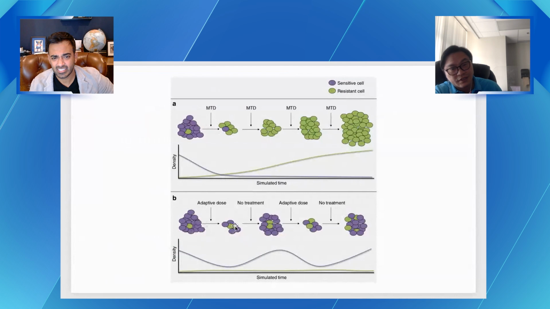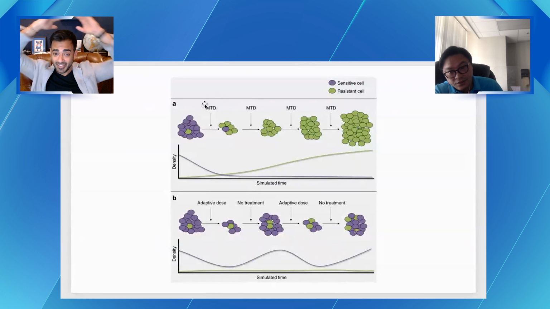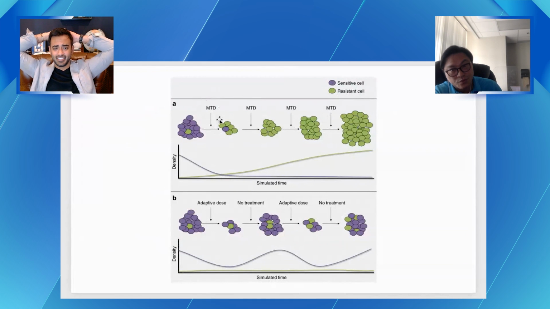If you use just an adaptive dose, that is, over time you kill a few, but the green one still stays relatively small, and each time the number of prostate cancer cells goes up, you knock it down with just a small dose, not the maximally tolerated dose, do you do better? In fact, there's a lot of data to suggest that a lot of these tumors do better.